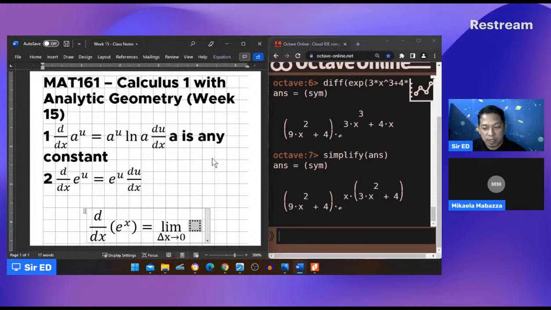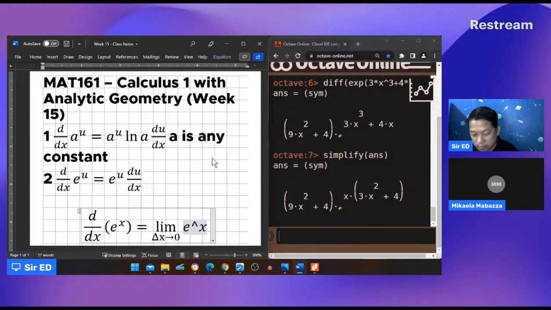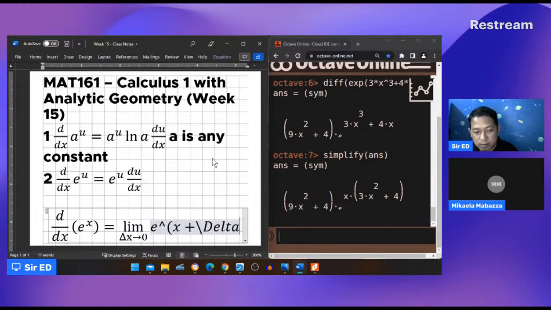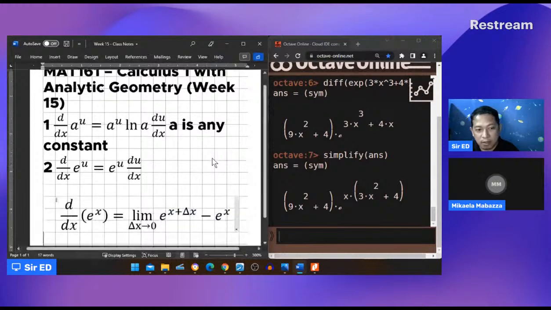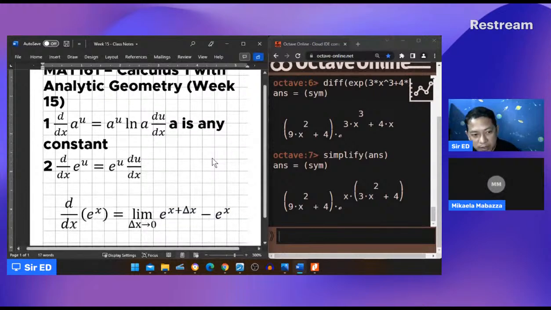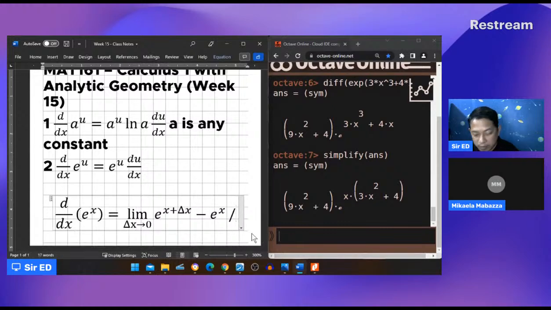And so we have here e raised to x plus delta x, tama, no? Minus e raised to x, all over delta x.